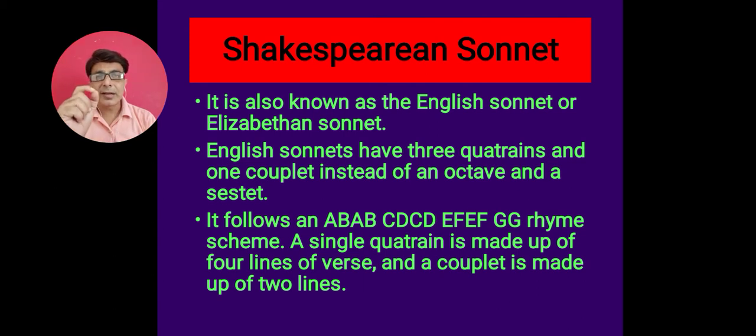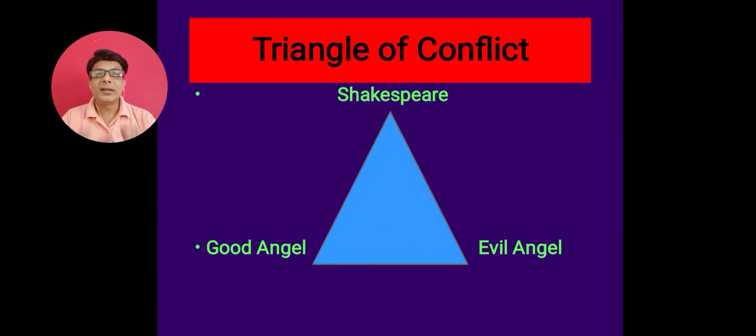And the rhyming scheme of a Shakespearean sonnet is always A B in the first stanza, C D in the second stanza, E F in the third stanza, and G in the fourth stanza. So this is what is known as a Shakespearean sonnet.